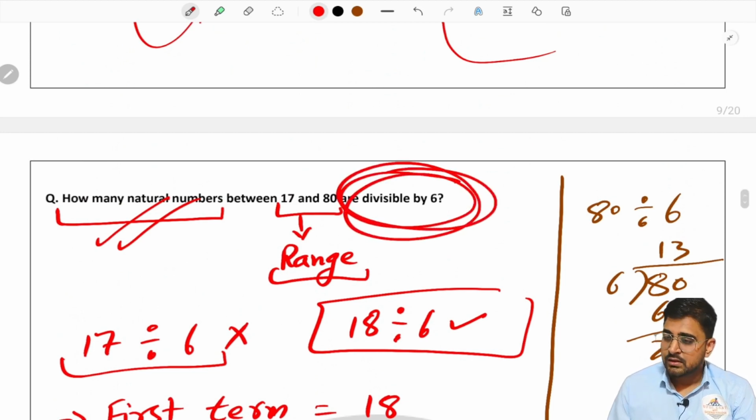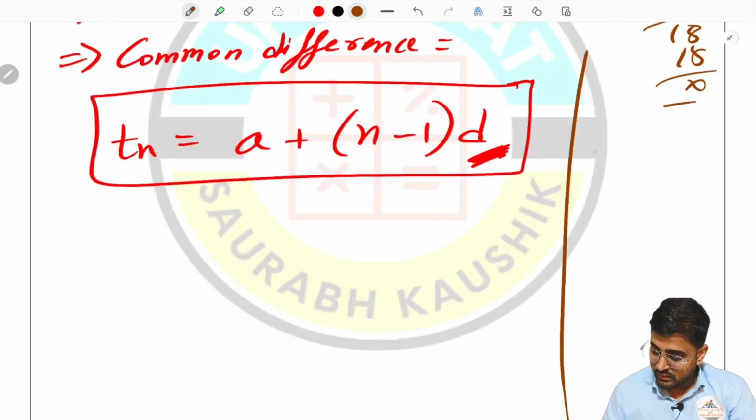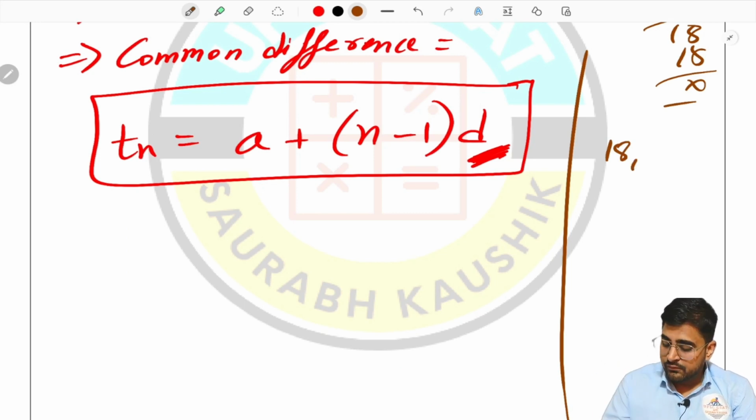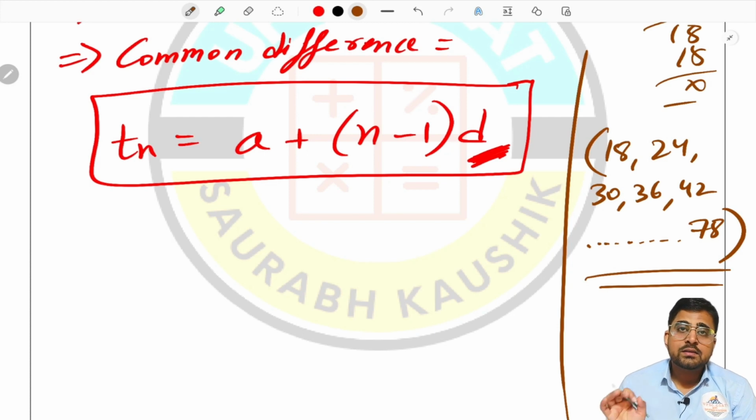Divisible by 6 means the series starts like this: 18, then the next term is 24, after this 30, 36, 42, and so on, and then goes to 78. So this is the series for which you have to calculate how many numbers there are. So the difference is 6 only.